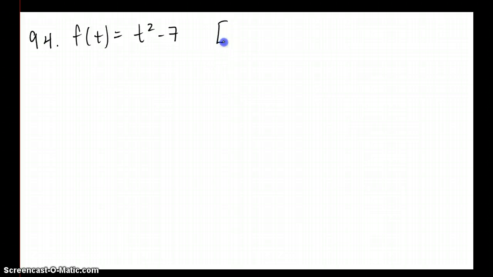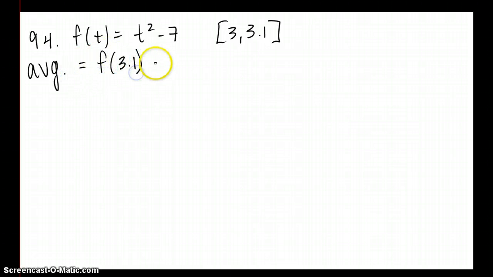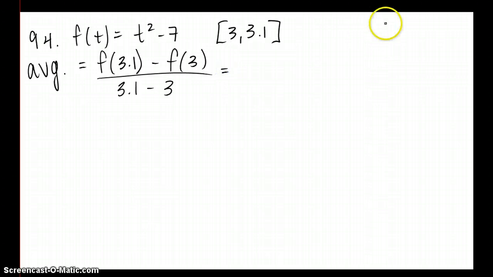Okay, number 94, our function is t squared minus 7 on the interval from 3 to 3.1. So first the average rate of change. That's just the slope connecting the endpoints. f of 3.1 minus f of 3 all over 3.1 minus 3. Alright, so we have 3.1 squared, which is 9.61.